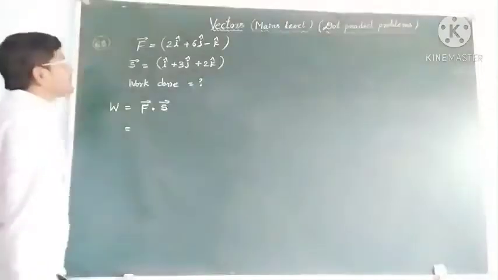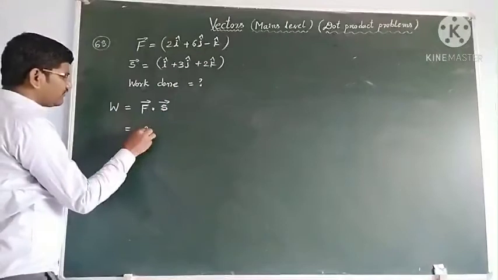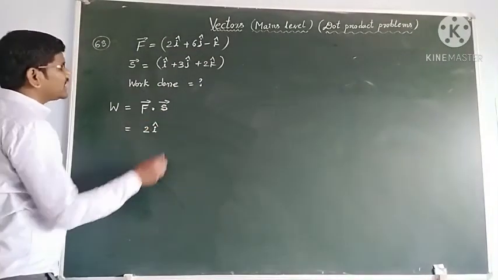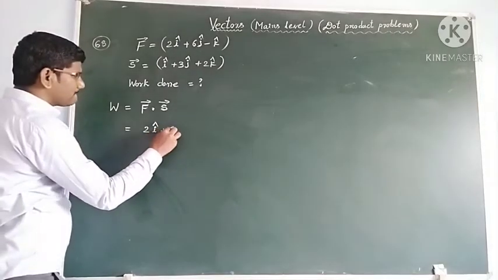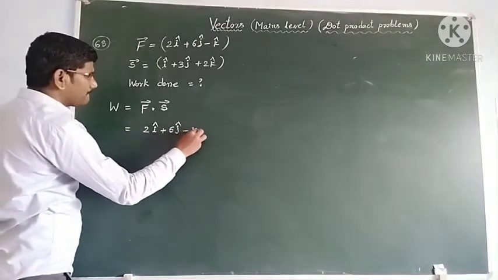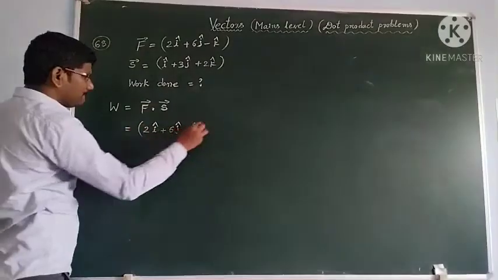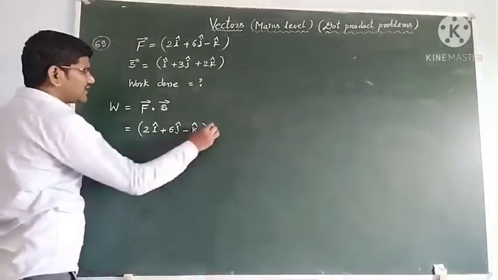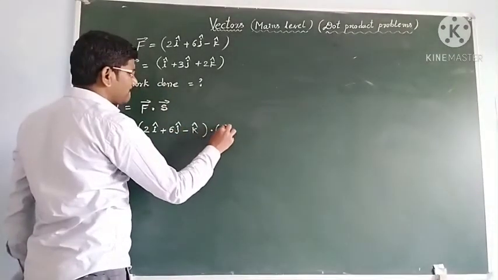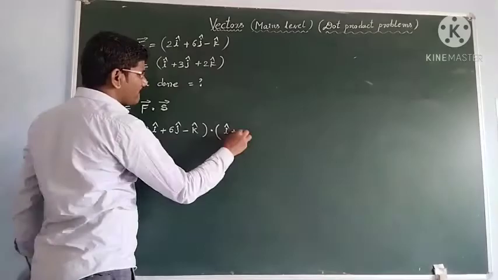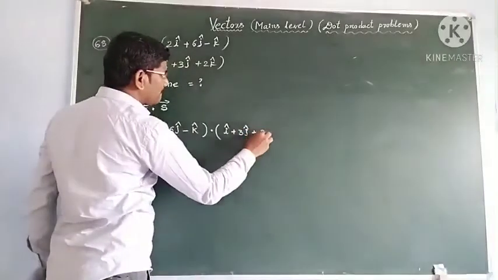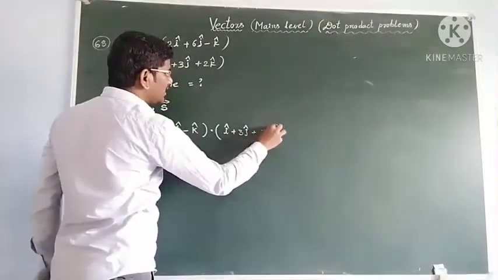Okay, students, now here the F bar value we have is 2i cap plus 6j cap minus k cap, and the dot product with that is i cap plus 3j cap plus 2k cap.